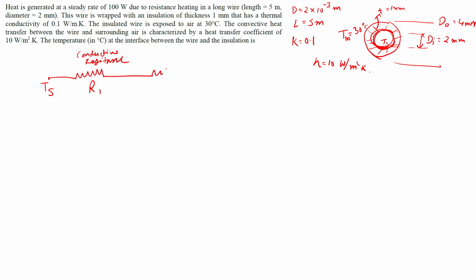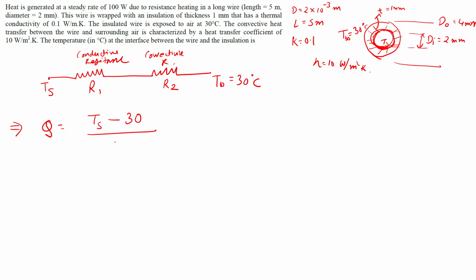Then we'll be having the convective resistance, that is R2. And the outer temperature we have been given as 30 degrees Celsius. Now the overall heat balance, we can write it as Q is equal to Ts minus 30 upon R1 plus R2.